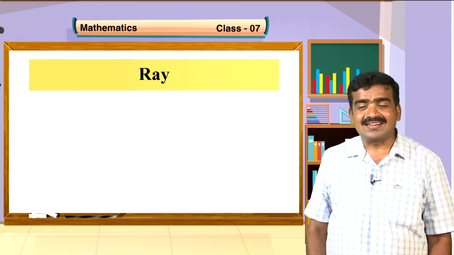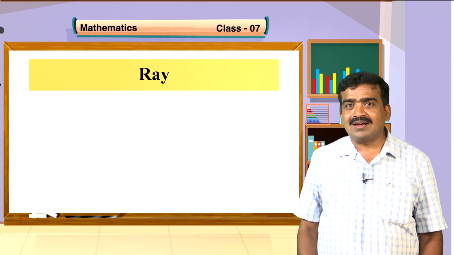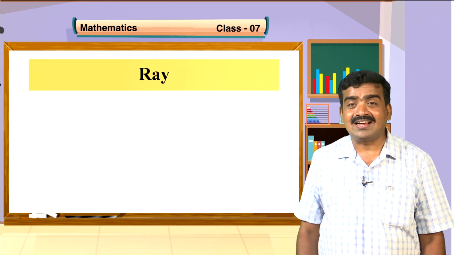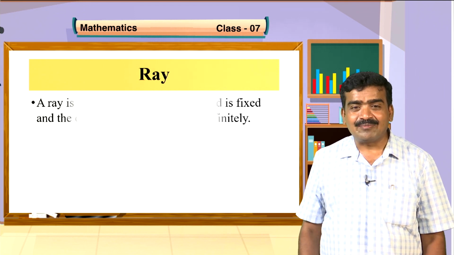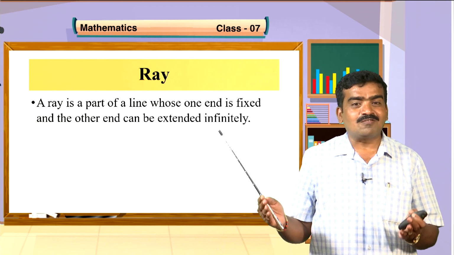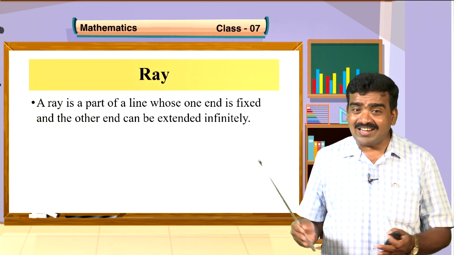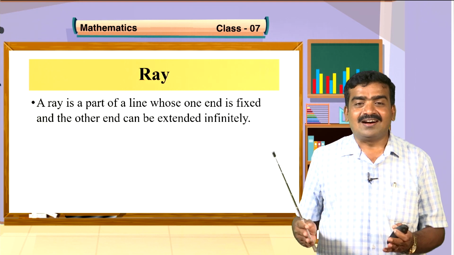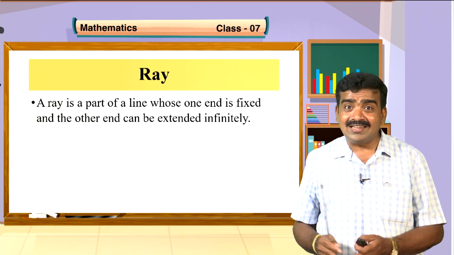Then what is a ray? Usually we call it a ray of light from a light source, a ray of light from the sun, etc. Then what is meant by ray? A ray is a part of a straight line whose one end is fixed and the other end can be extended infinitely.